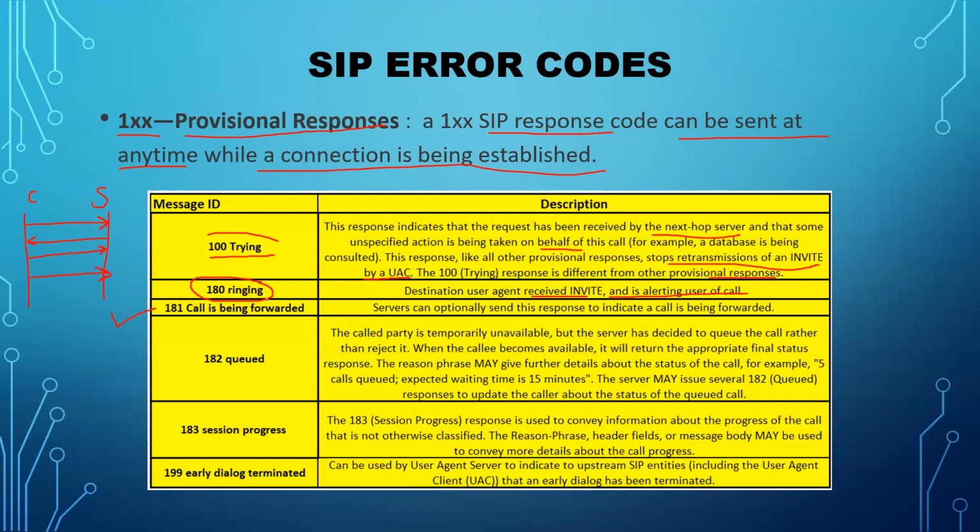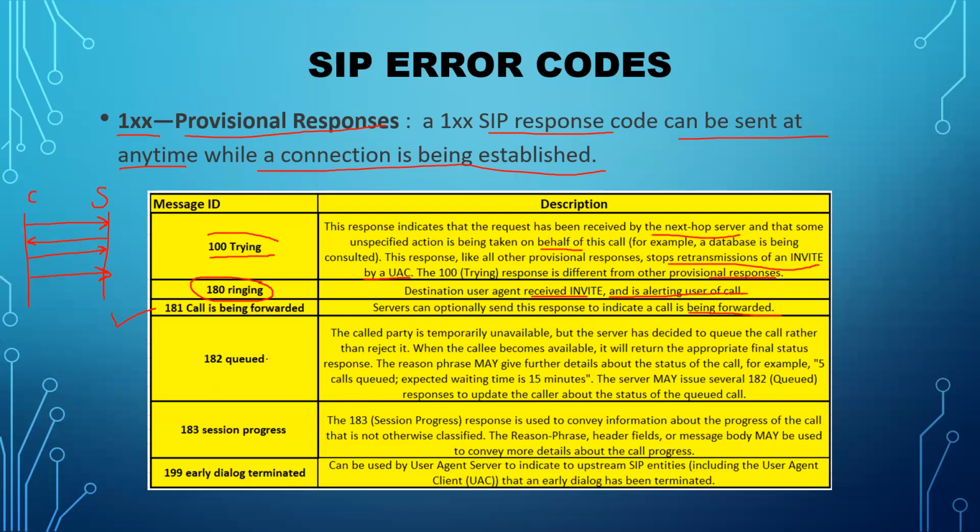I will configure this in my CUCM if I want to forward my call. In that case, you will be getting this 181 Call Is Being Forwarded.